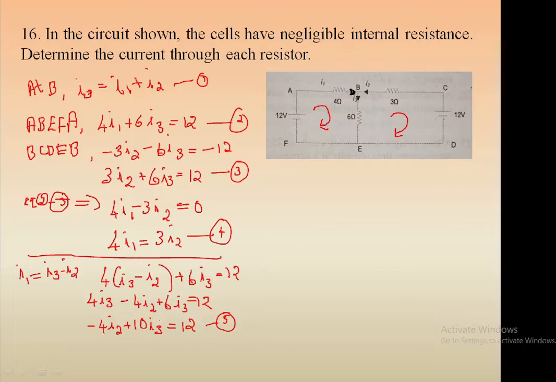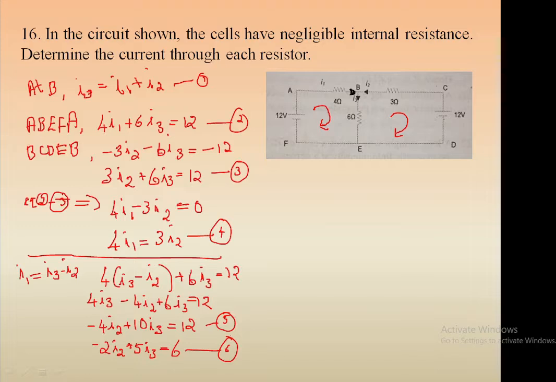Equation number 5 we can reduce by dividing all the terms by 2: negative 2I2 plus 5I3 equals 6. Now this is equation number 6. Equation number 3 is 3I2 plus 6I3 equals 12.